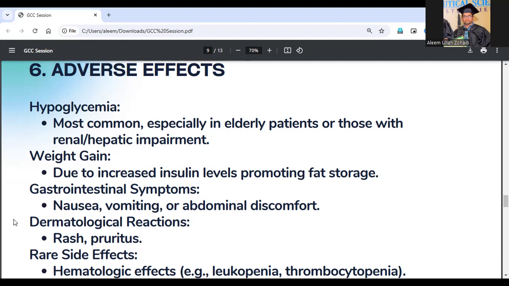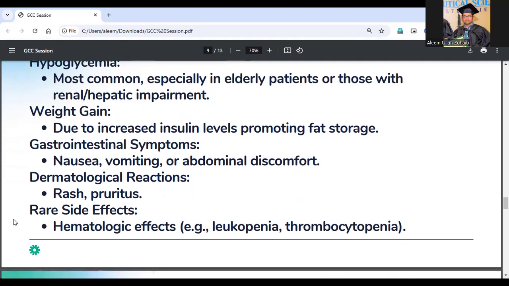Weight gain due to increased insulin level, promoting fat storage. Insulin increases the fat in the body and causes weight gain. Gastrointestinal symptoms: nausea, vomiting, abdominal discomfort.